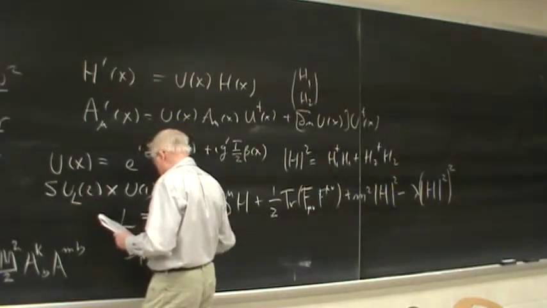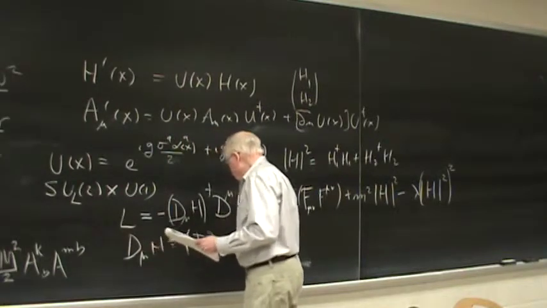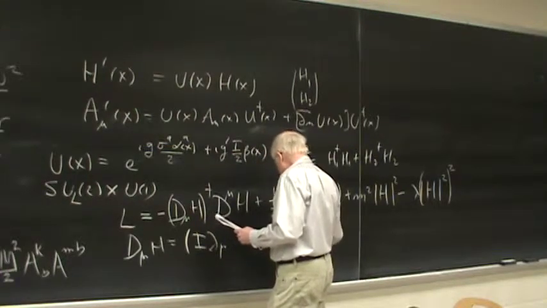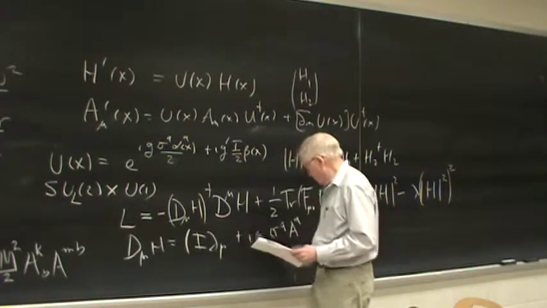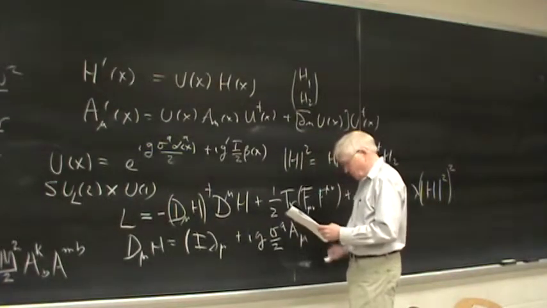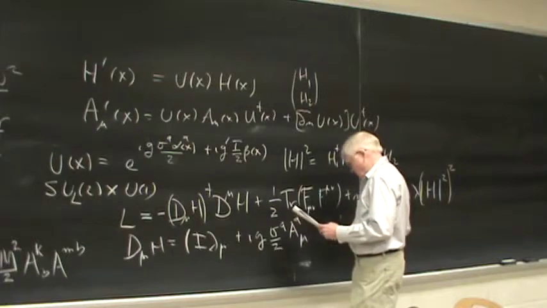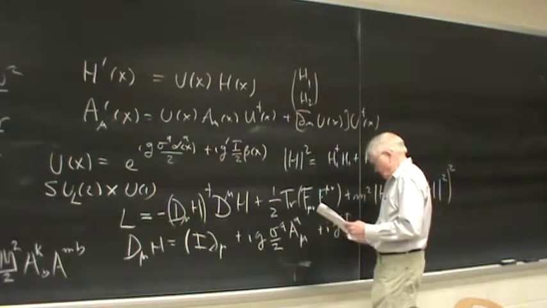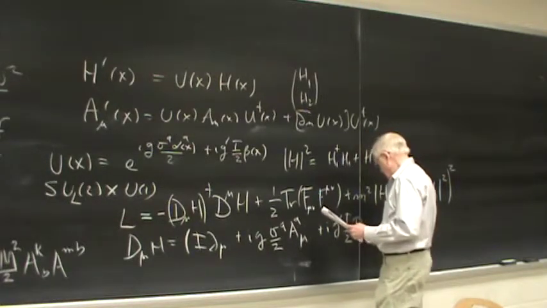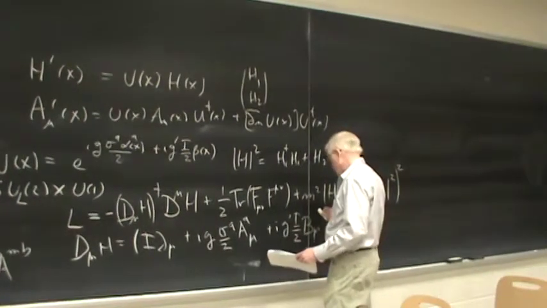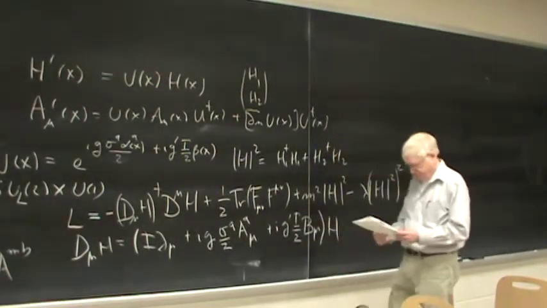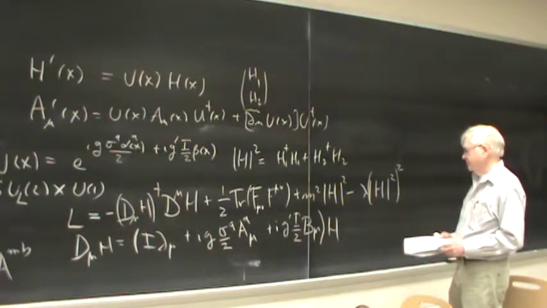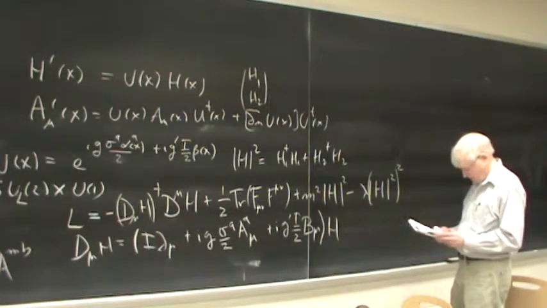D mu H then is i d mu plus i g sigma a, summed from 1 to 3, over 2, W mu a, plus i g prime, i over 2 again, B mu, H. And all right.